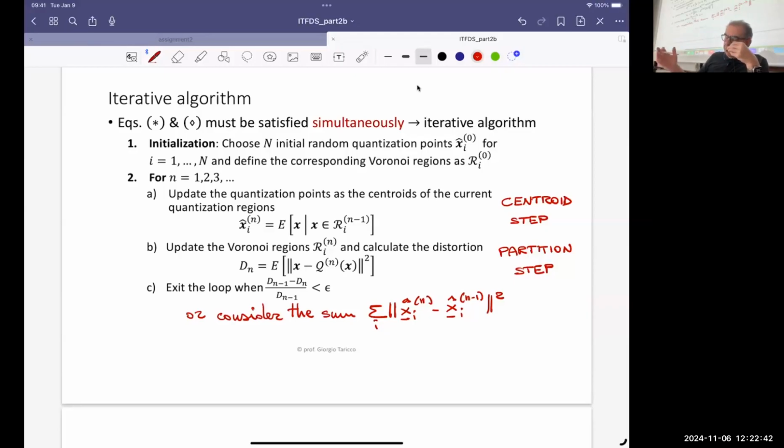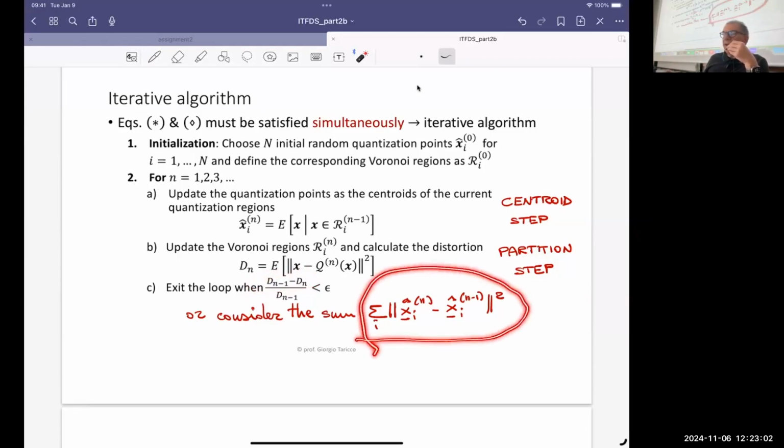So there are at least two different stopping criteria. The first one is based on the distortion. The second one is based on the positions of the quantization points with respect to the previous iteration.